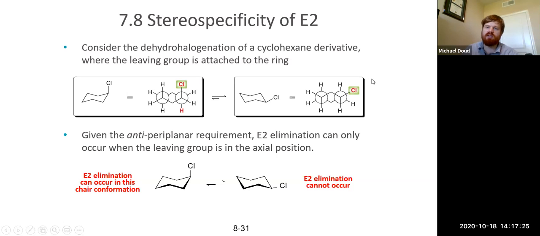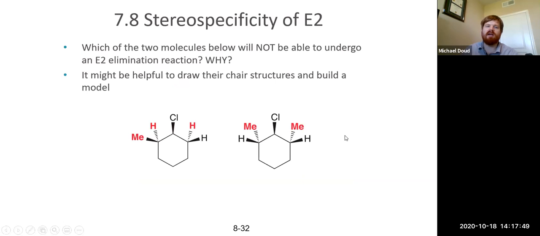So elimination can't occur on this side. Now, when it's axial, it's pointed directly up. The beta hydrogen is anti, it's pointed directly down. So in this case, it is anti-periplanar, so the E2 elimination can proceed. So just keep in mind that when you look at cyclohexanes, sometimes you're going to have eliminations that cannot occur. And that's a good trick question that I'm going to pull on you from now on.